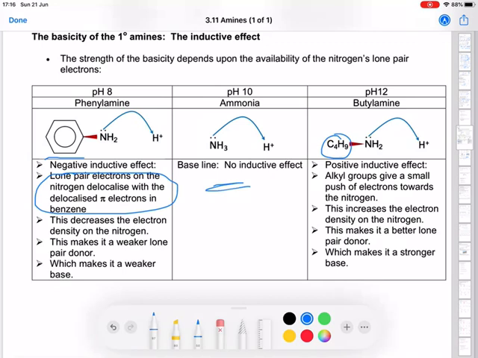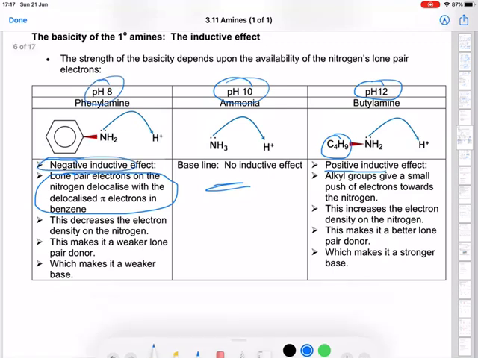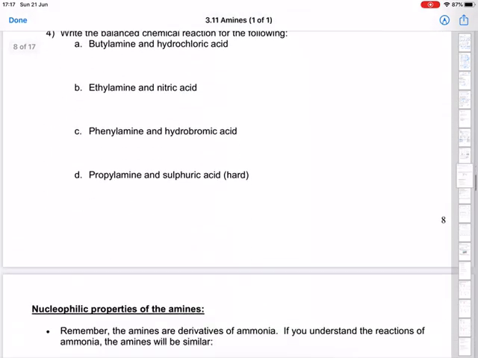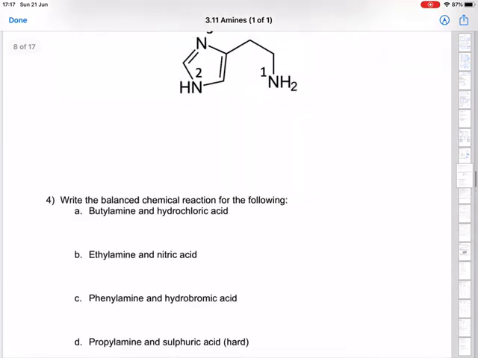So that is our kind of baseline. And you can see here, look, that when we have the positive inductive effect, we have a stronger base, pH of 12, as opposed to 10. When we have the negative inductive effect, over here, we have a pH of 8. It's not as good a base. Okay, so from there, again, a few questions for you to have a go at.